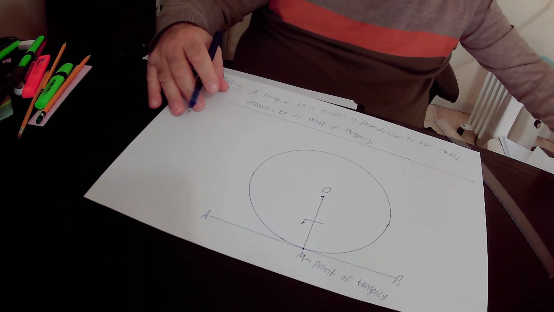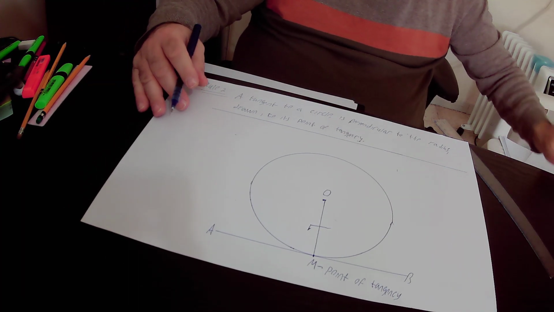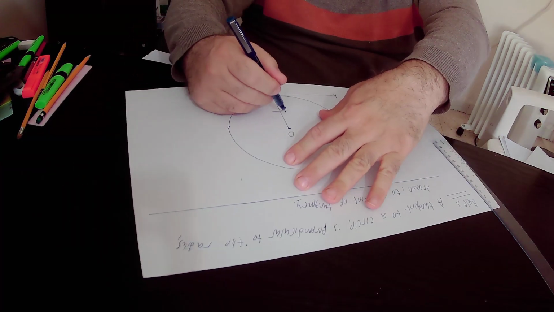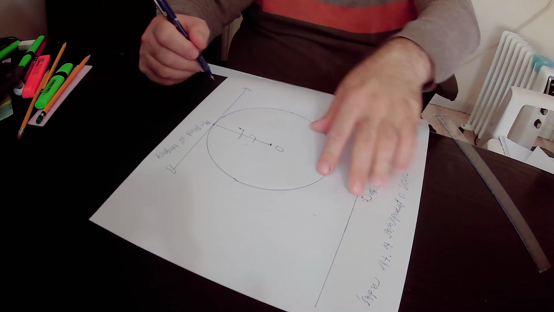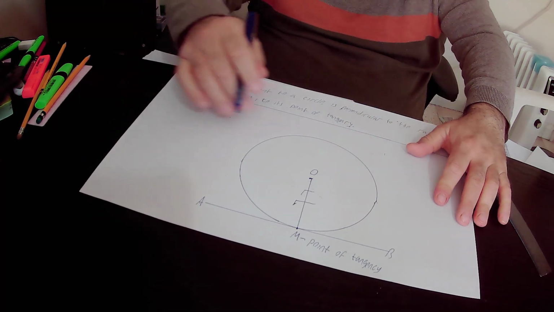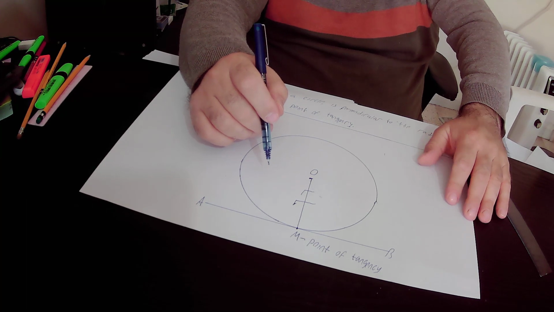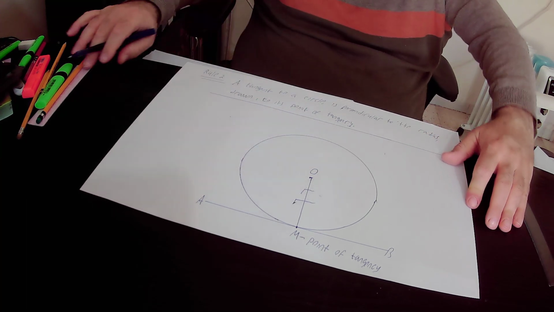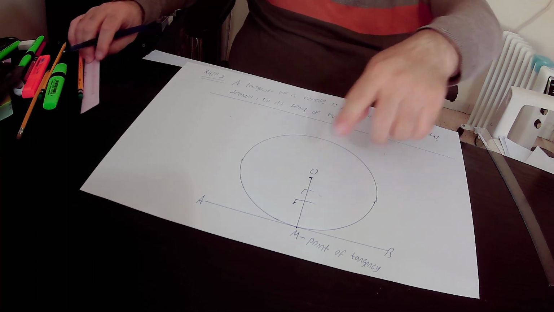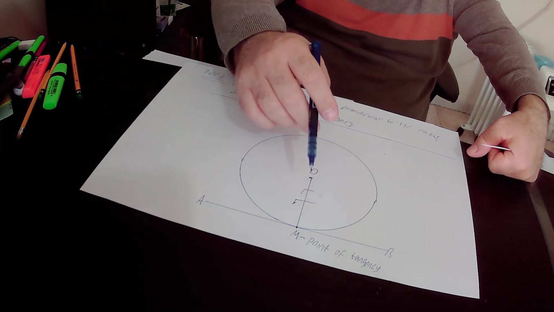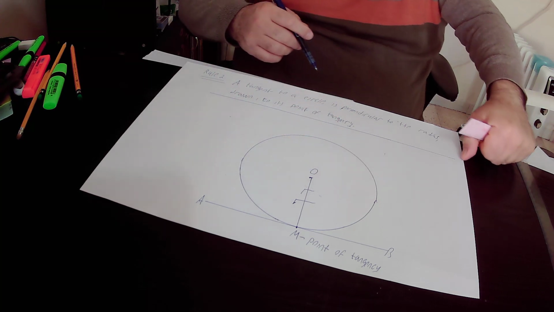So here we have the radius OM that is drawn to the point of tangency, that is to say, it is drawn to point M, that is the point of tangency of tangent AB with this circle.